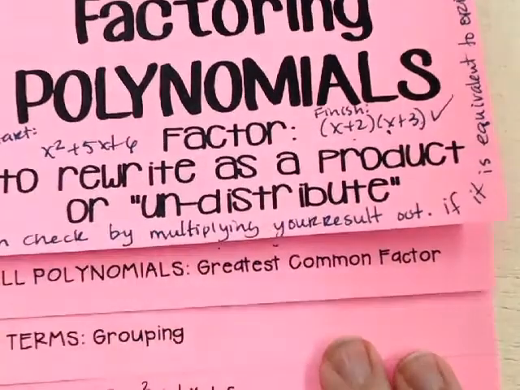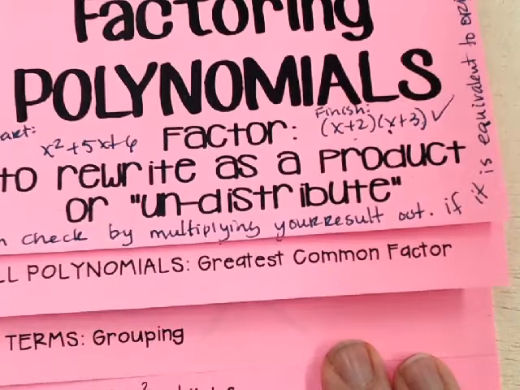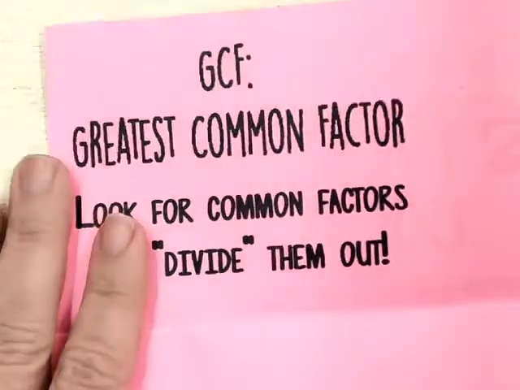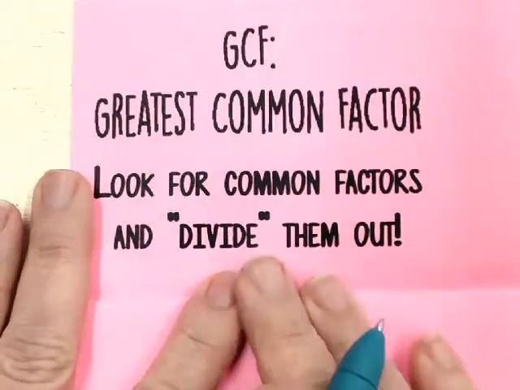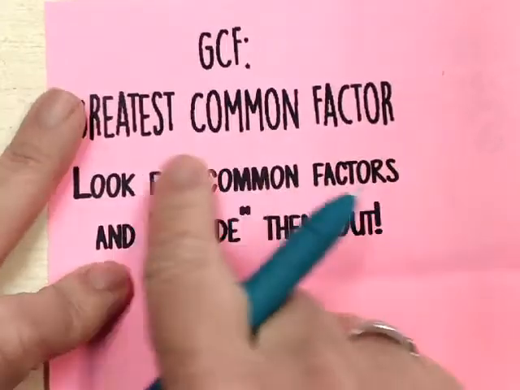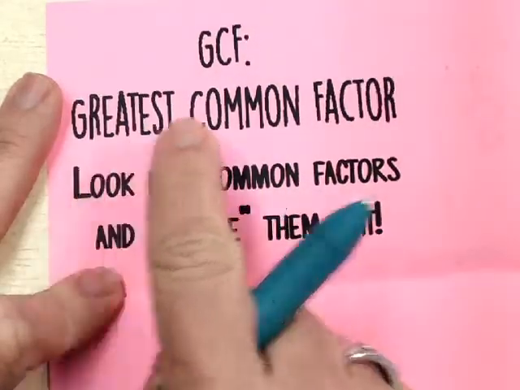So we're going to start with just some basic factoring. We're going to start with greatest common factor. And I know you already know what a greatest common factor is because this is really simple, basic algebra stuff. Greatest common factor is going to be the largest factor that every term has in common.